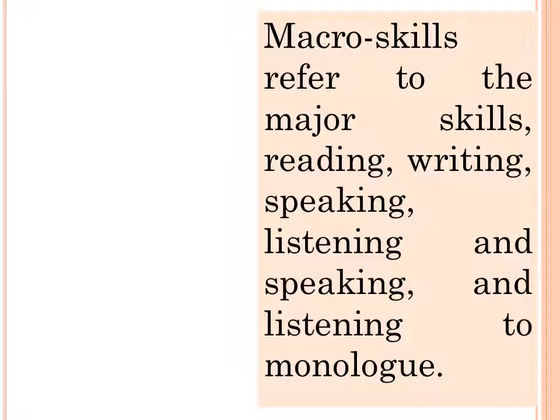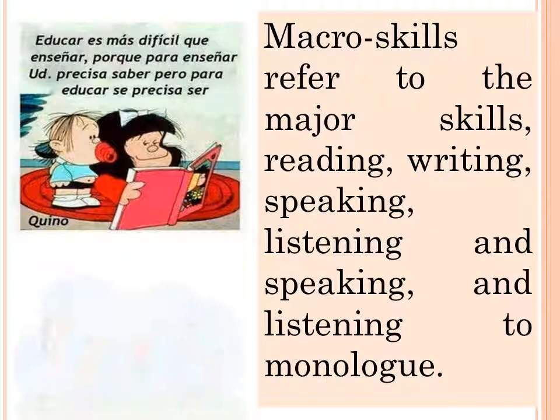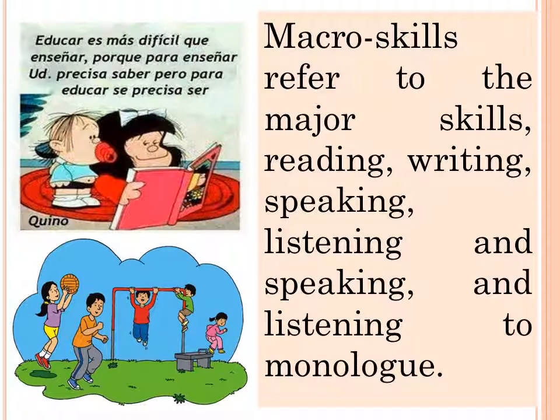In macro and micro skills, macro skills refer to the major skills: reading, writing, speaking and listening, and speaking and listening to the monologue. It's very important, as with different intelligences, the multiple intelligences in the brain.